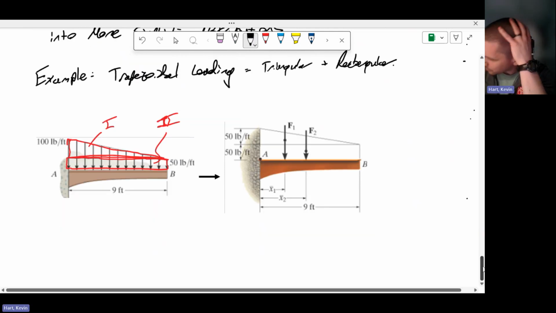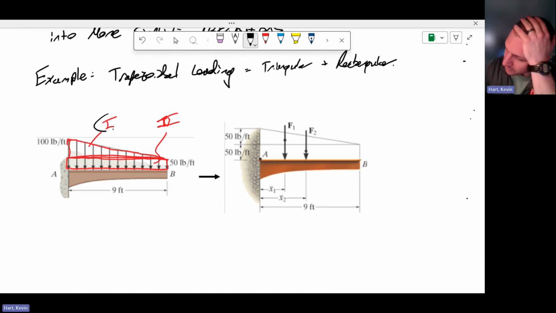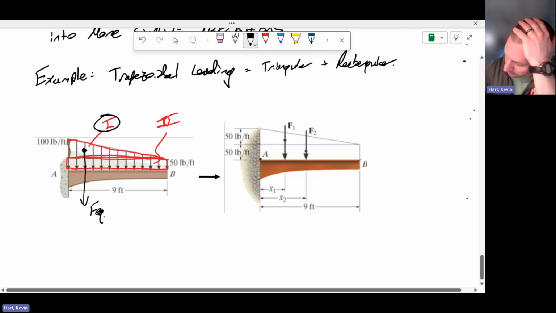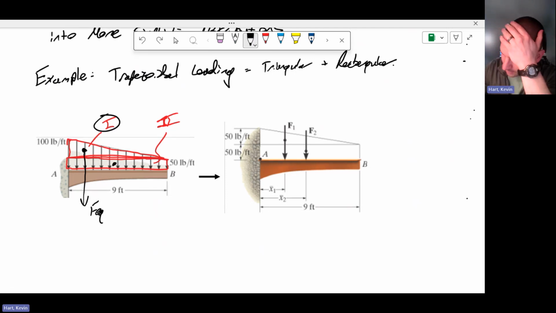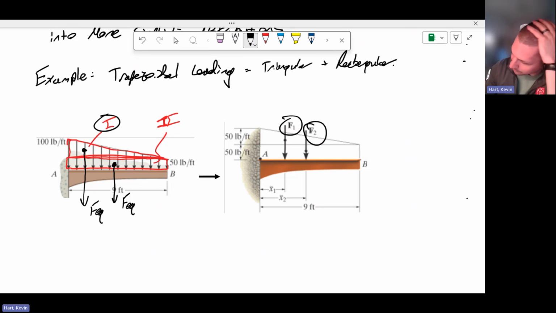And in this example, you sort of see that happening. Loading distribution number 1, we have the centroid 1/3 of the way from the larger side. So here might be your equivalent load. And the rectangular, your centroid of the rectangle is going to be right directly in the center. So here's the equivalent load associated with the rectangle. And we see that here, F1 for the triangular and F2 for the rectangular.